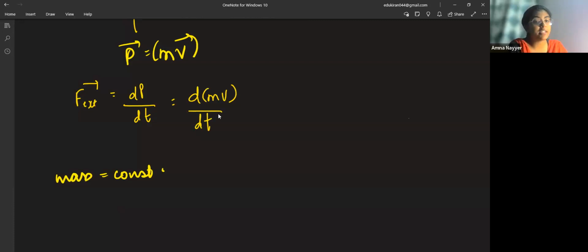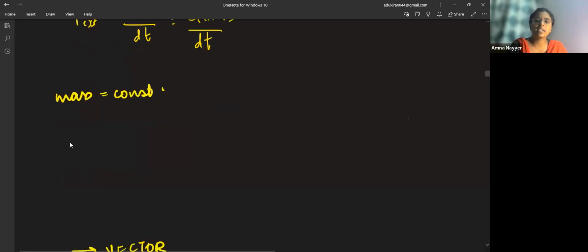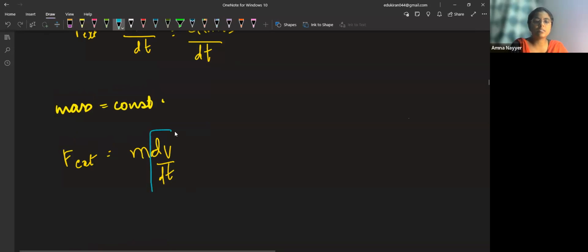Differentiation we have revised so many times, right? If a quantity is constant, we keep it out of the bracket. So if mass is constant, F net or F external is equal to m dv over dt. Can anyone tell me what is this quantity that is being obtained now?